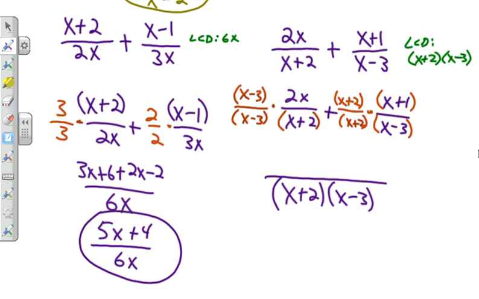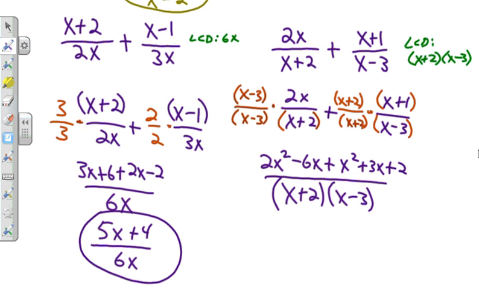All right, let's start by distributing 2x to x minus 3: 2x squared minus 6x. Plus, now I have to do FOIL on this: x squared plus 1x plus 2x plus 2, which is x squared plus 3x plus 2. So you understand where I got that?